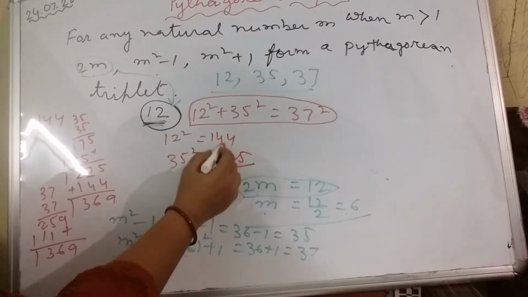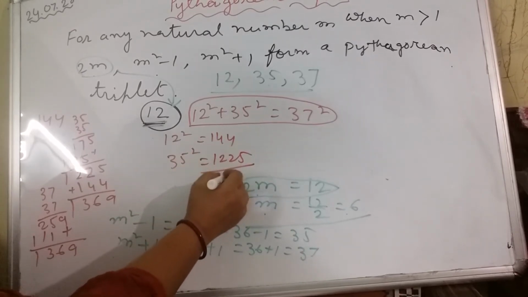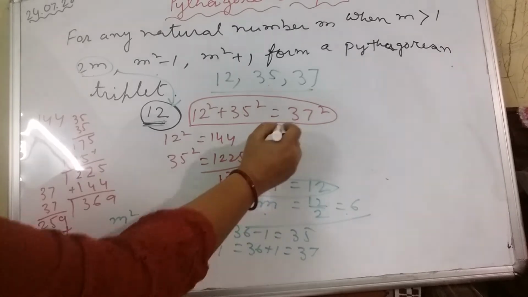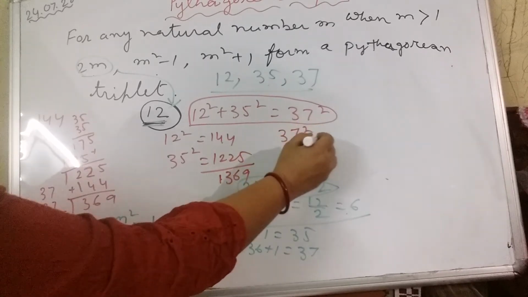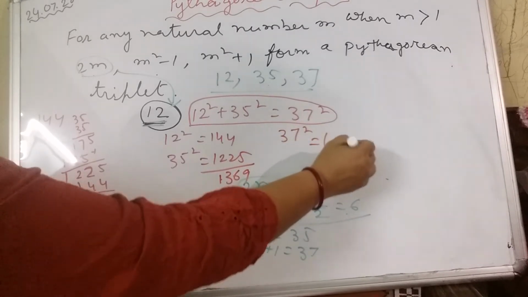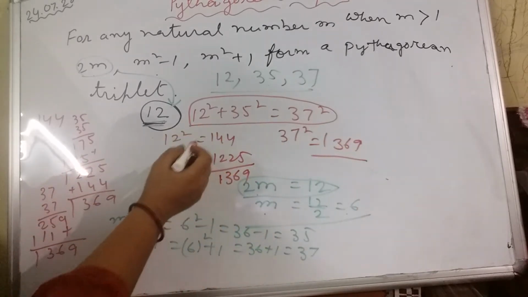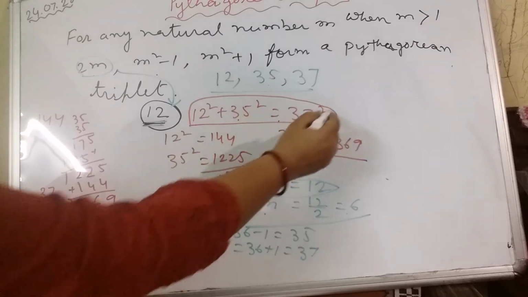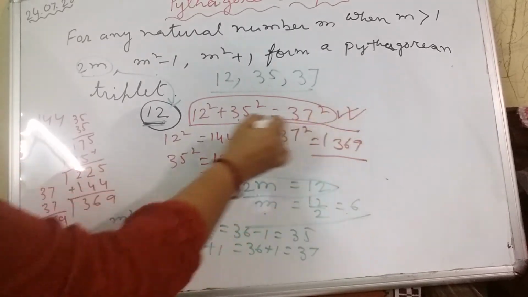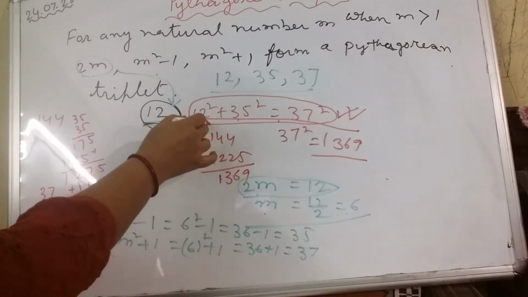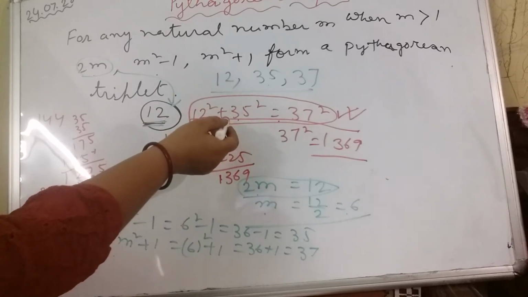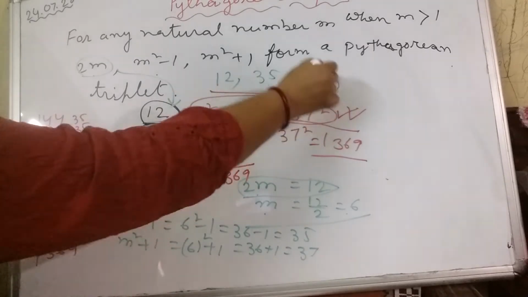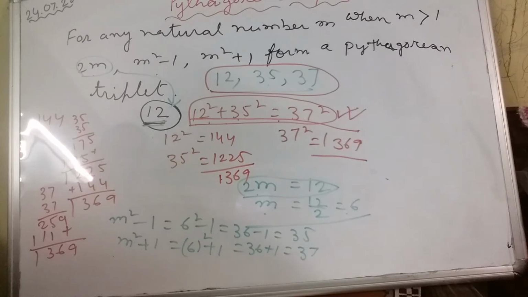Okay, if you add, what will you get? 1369, and 37 square is also 1369. So we can see that 12 square plus 35 square equals 37 square. That means they hold this relationship, that is Pythagoras theorem. So we can say 12, 35 and 37 is a Pythagorean triplet. Okay.